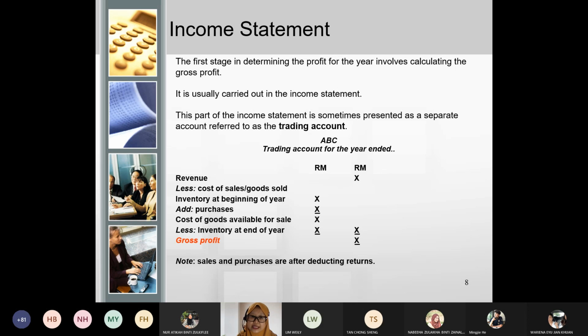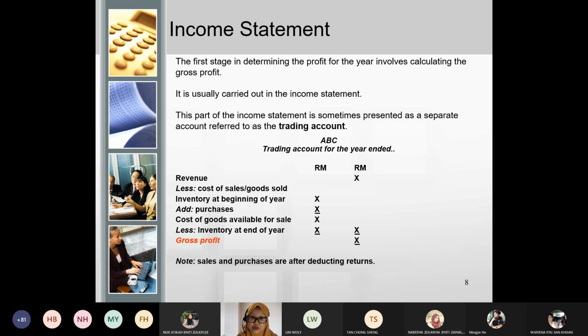Okay, revenue, let's say sales revenue or service revenue, depending on the business of the company. If they sell a product, it will be sales revenue. If they provide services, it will be service revenue. Then we minus the cost of goods sold.